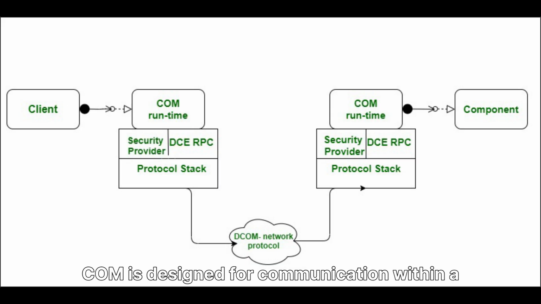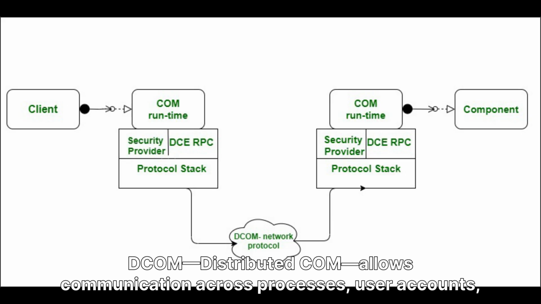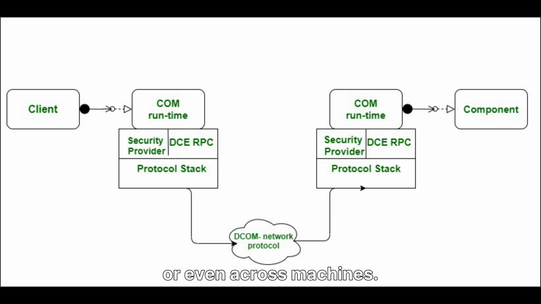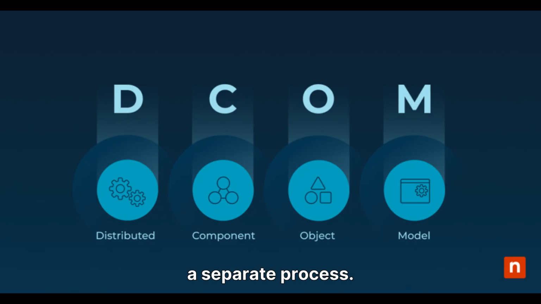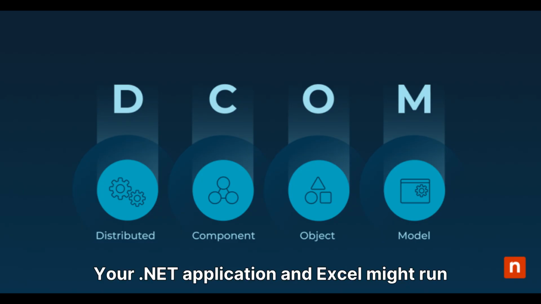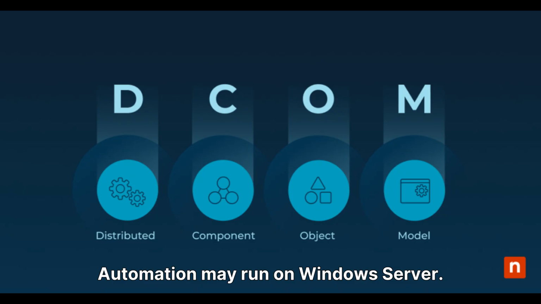COM is designed for communication within a single machine. DCOM, distributed COM, allows communication across processes, user accounts, or even across machines. DCOM matters because Excel automation runs in a separate process. Your .NET application and Excel might run under different accounts. Automation may run on Windows Server.